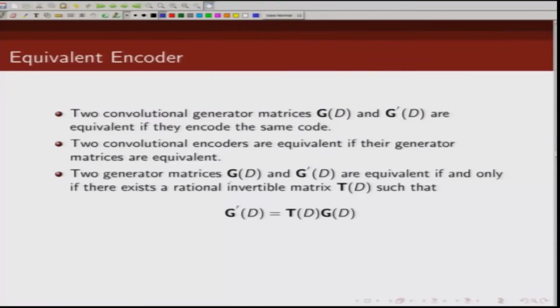So, if G(D) and G'(D) are equivalent, this condition should hold: two generator matrices are equivalent if and only if there exists a rational invertible matrix T(D) such that we can obtain G'(D) by T(D) multiplied by G(D).